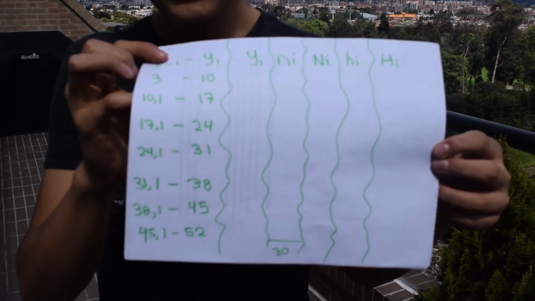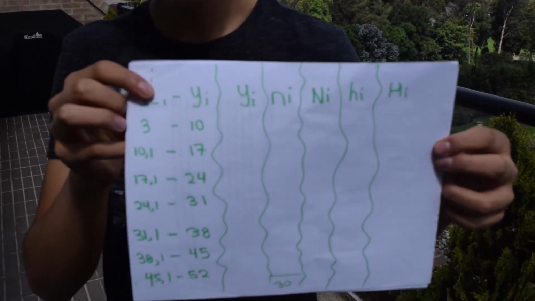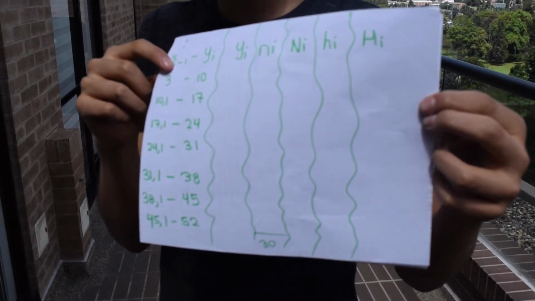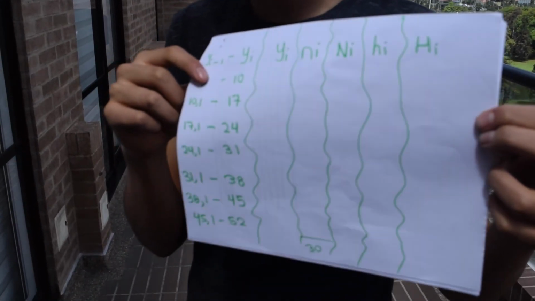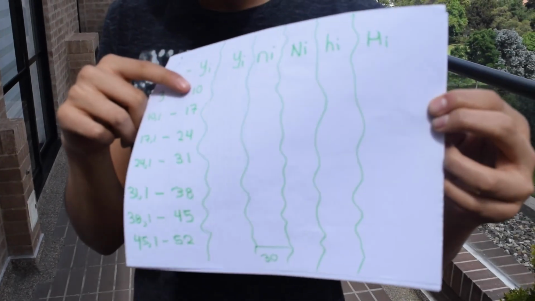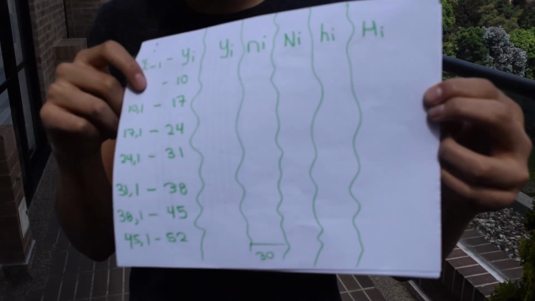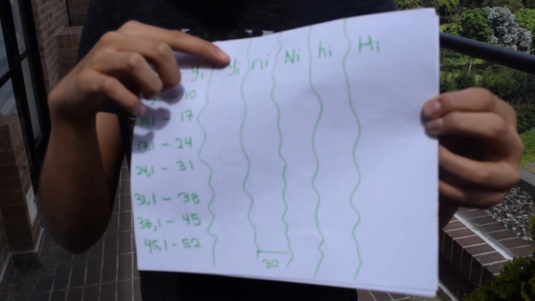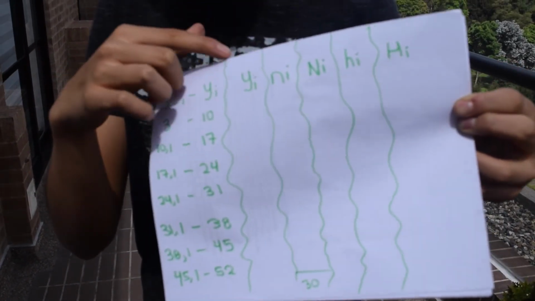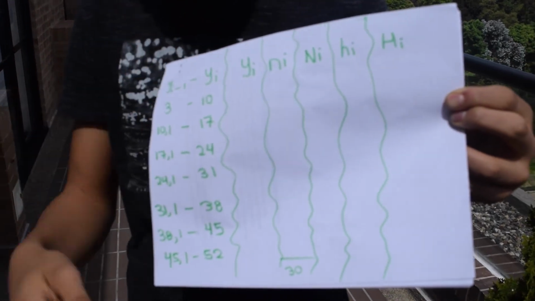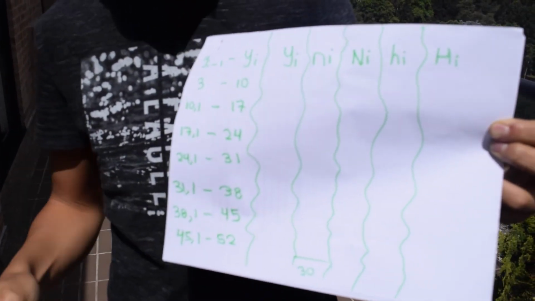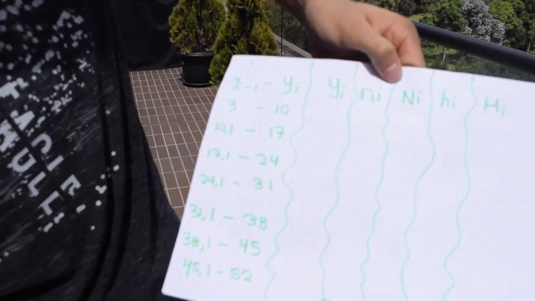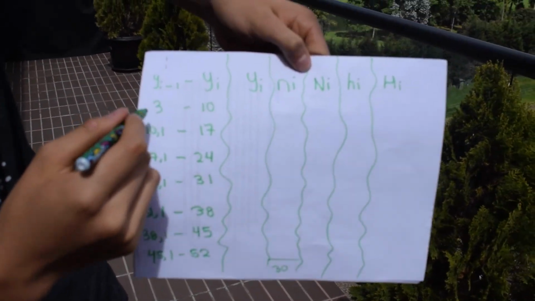In this part, as you can see, there are two letters that are considered the intervals. Their function is to determine the minimum and the maximum number of the information that we collected. So now there is the class mark. For example, there are 3 and 10.